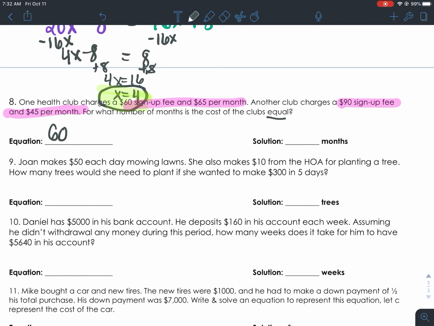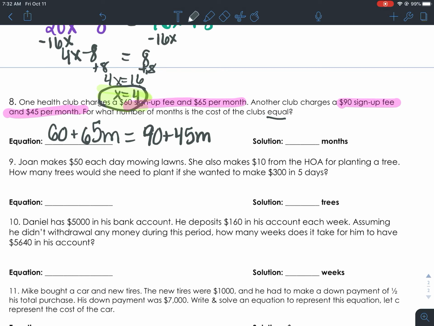So the first part, 60 plus 65m per month, and then it has to equal 90 plus 45m per month. And there's not a lot of space.